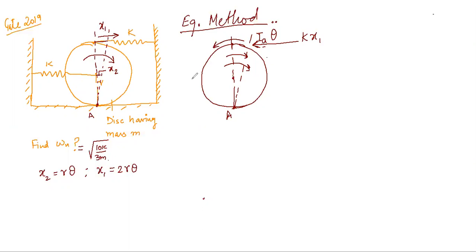On the other hand, the lower spring is in the stretched condition. So when this is displaced at this particular point, the stretched spring's reaction force will act in the opposite direction, and its value is kx, right?